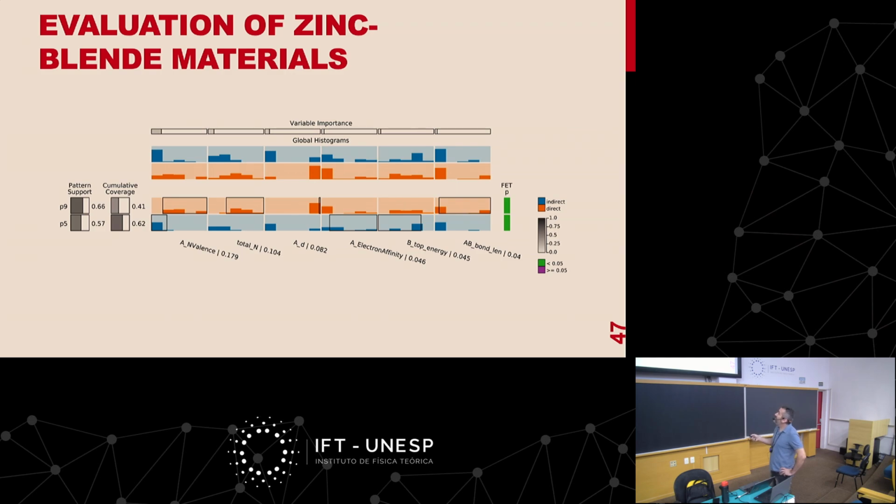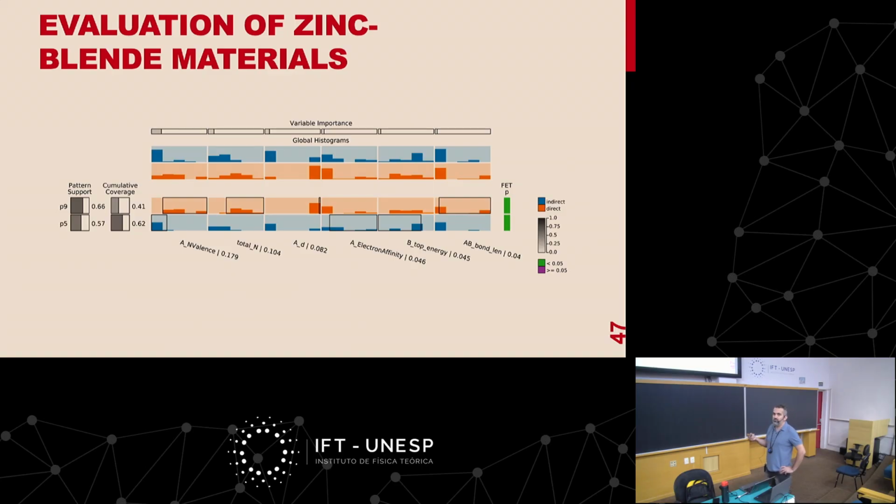Here, the orange one is for direct band gap, and the blue one is for indirect band gap. And then by analyzing these images, we can see that this feature, for indirect band gap, has small values, and for direct band gap, has large values.